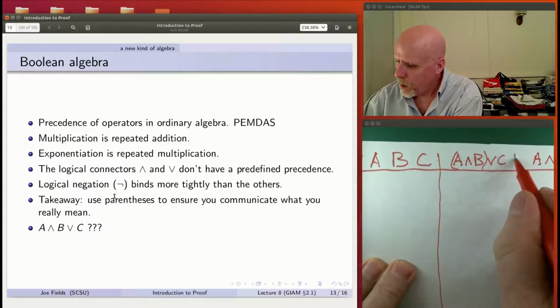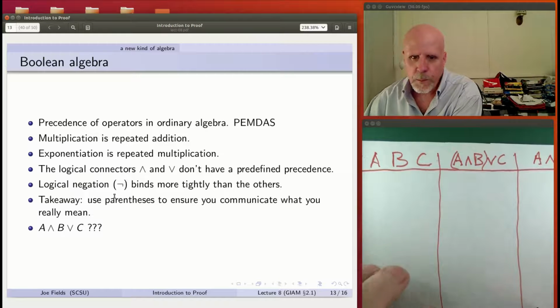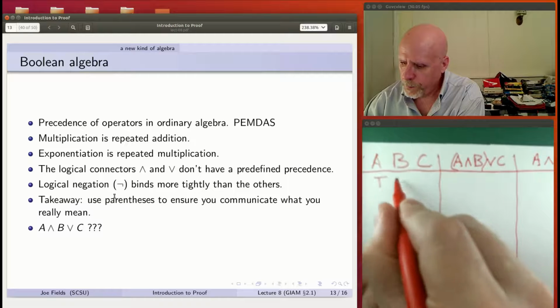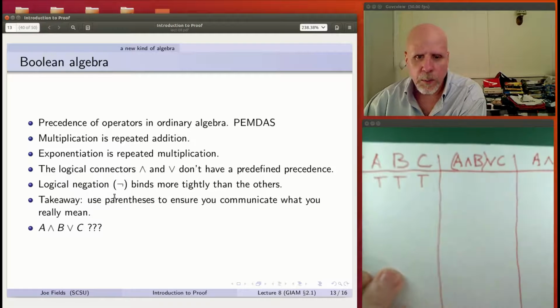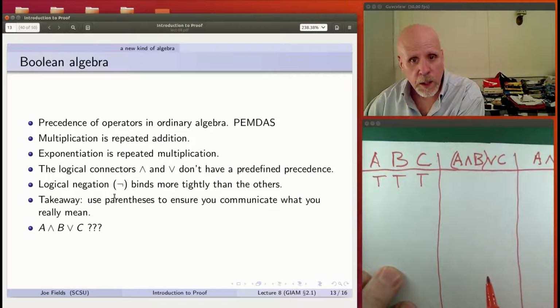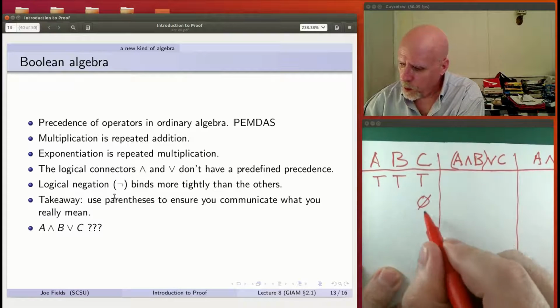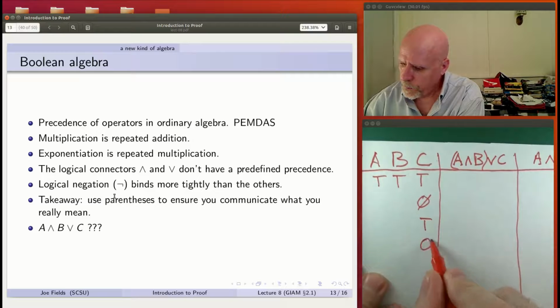I'm just going to put dividers between the parts. All right, so the truth table starts off with everybody true in the top row. And then we're going to let C alternate back and forth, true and false. So true, false, true, false, true, false.